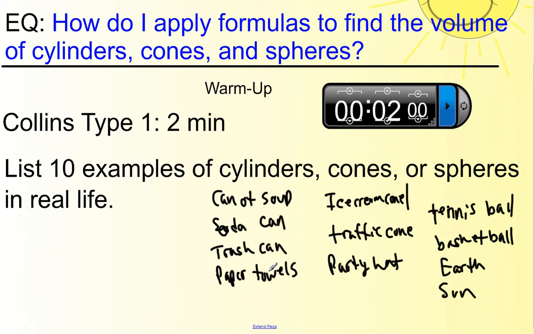Looking around my room here, what else I got? Got a cup. There's a fire extinguisher behind me. There's a whole bunch here, and there's obviously more examples of spheres and cones and cylinders out there in the wild. So the lesson today is going to be about finding the volumes of these things.